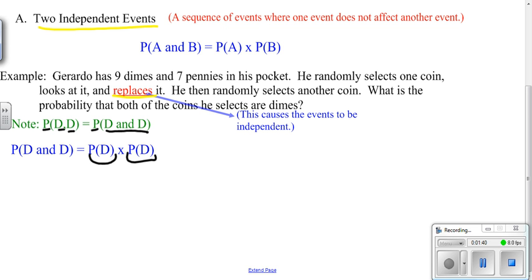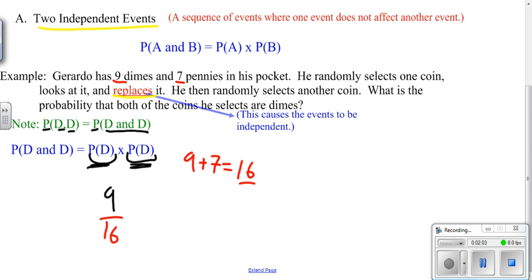If we have 9 dimes and 7 pennies, then in total, 9 plus 7, there are 16 coins in Gerardo's pocket. So the probability of drawing a dime would be 9 out of 16.